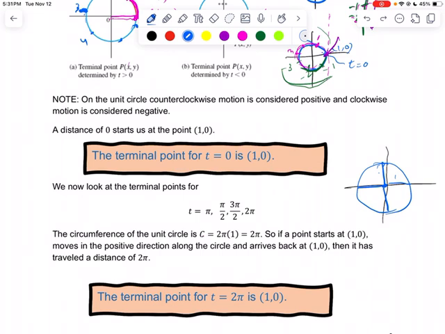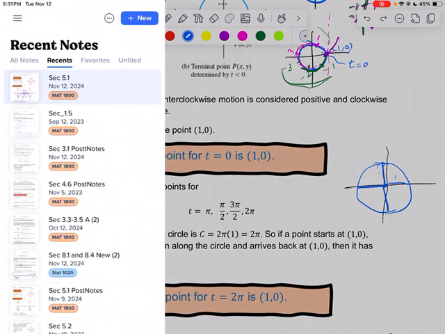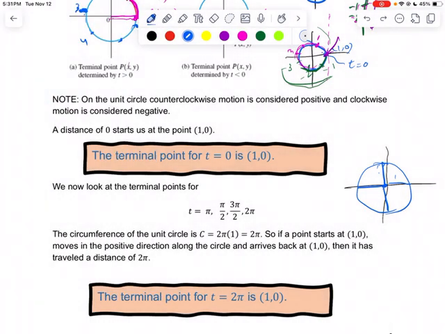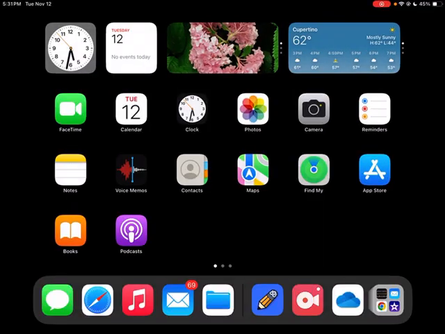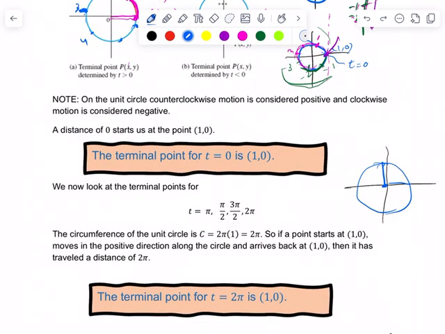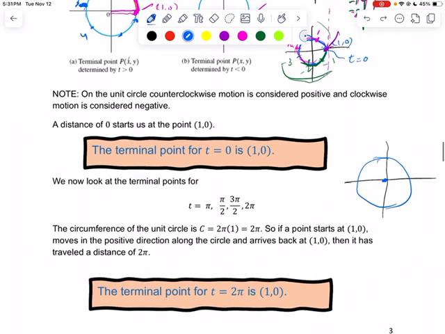So now let's put the points where the circle is crossing the axis.